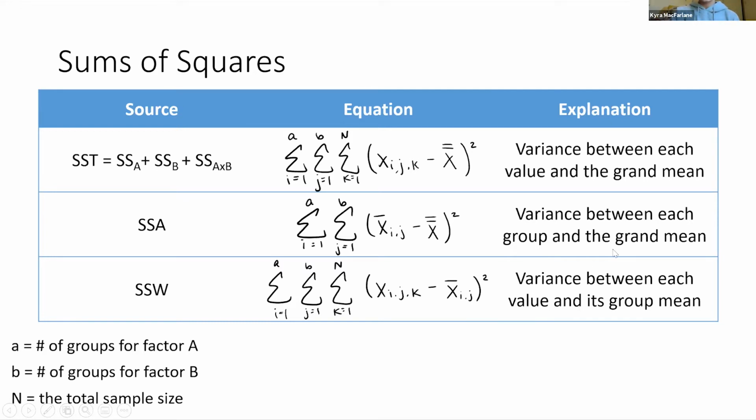These definitions are actually the same as what we did for the one factor ANOVA. The equations look different though because now we're considering two factors. In these equations, little a is the number of groups in factor A, little b is the number of groups in factor B, and capital N is the total sample size.